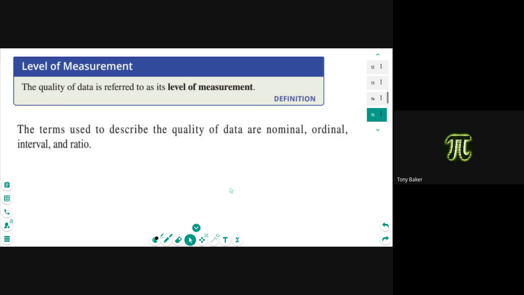So we describe it as nominal, ordinal, interval, or ratio. We're going to look at all four of these. Nominal, ordinal, interval, and ratio are the four levels of measurement. And I will tell you the homework for this is going to be the hardest one because you're going to have to try to figure out which of these types each one is.